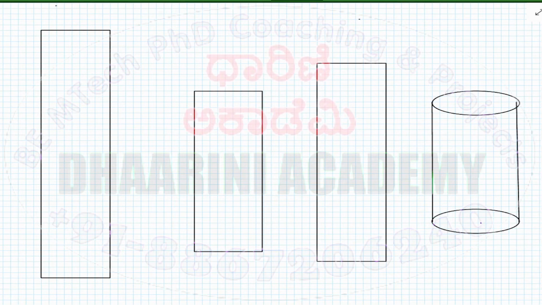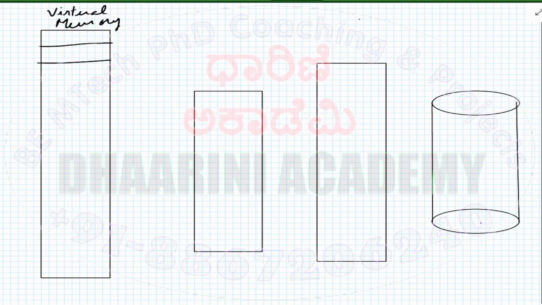The leftmost one is considered as the virtual memory space. Here, each location is not like the physical memory. We have a different name for that. It is called a page.